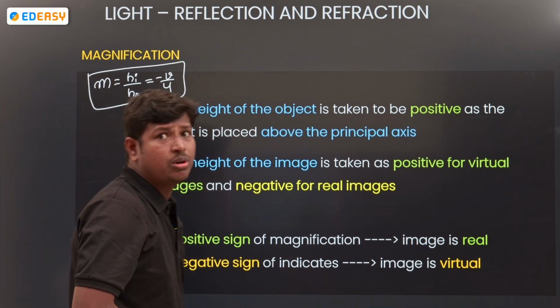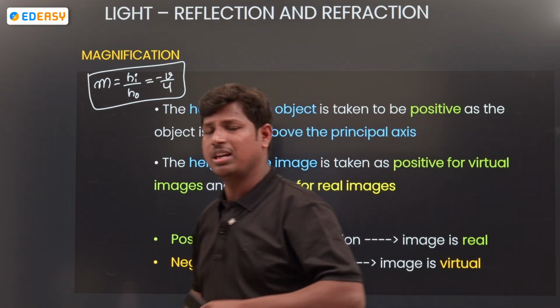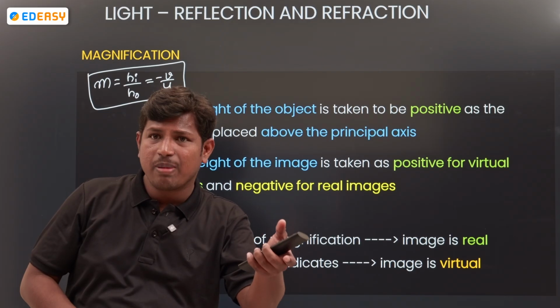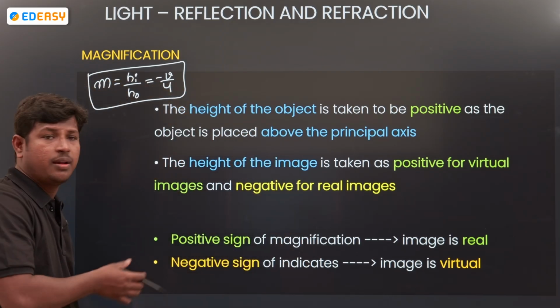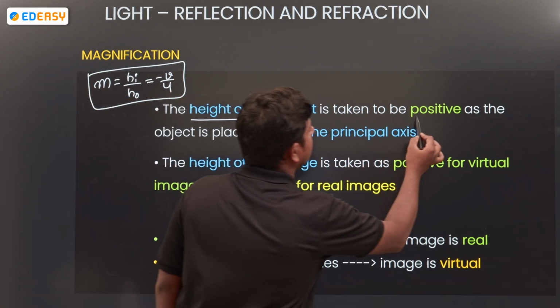So m is equal to height of the image by height of the object, and also m is equal to minus image distance by object distance. Okay. Now coming to the next one, the height of the object is taken to be positive.